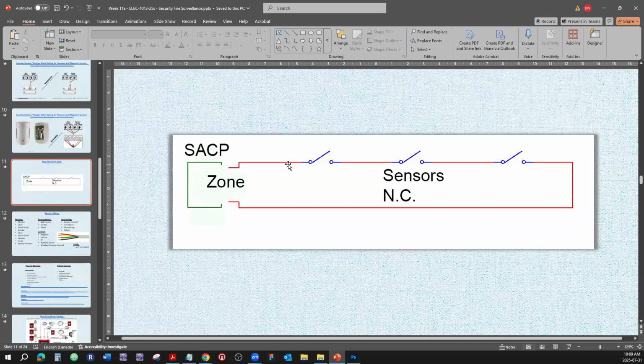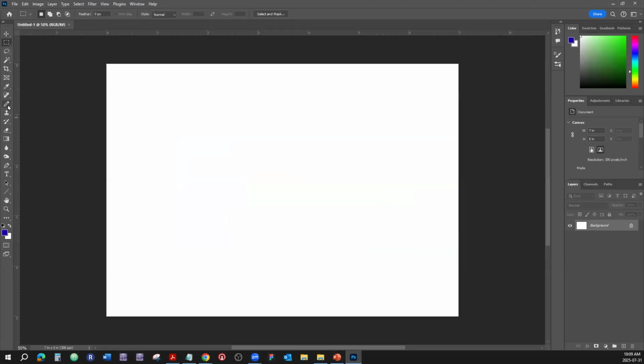Okay, so there is also something called end-of-line resistors. As a review, quickly, where's my board? The zone, let's say there is that zone terminal, and here's the common. Here's zone X. It could be zone anything, 1, 2, 3, or whatever.